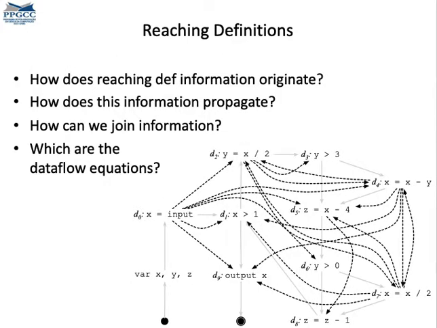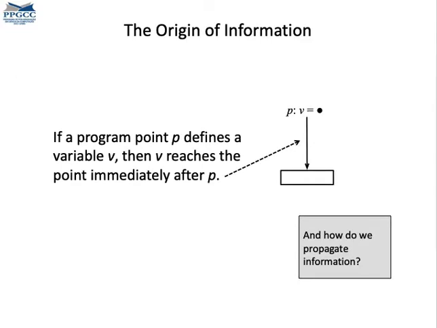Indeed, there are many questions that must be answered to construct this analysis. I'm leaving a few questions to you in this figure. If you want, before we move on, you can stop the video and try to answer these questions. I shall be providing answers shortly anyway. So let's start with the origin of information.